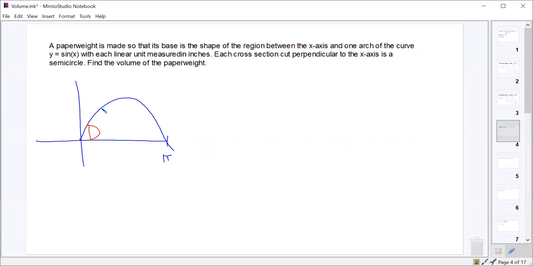So what's the area of a semicircle? It should be 1/2 pi times the radius squared, right? And what is the radius? One half y, or 1/2 of sine x.